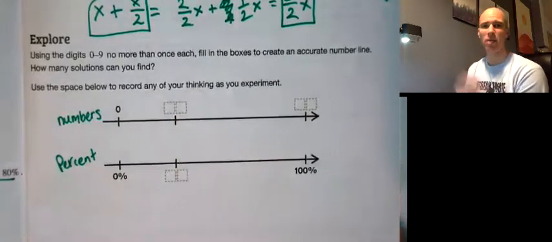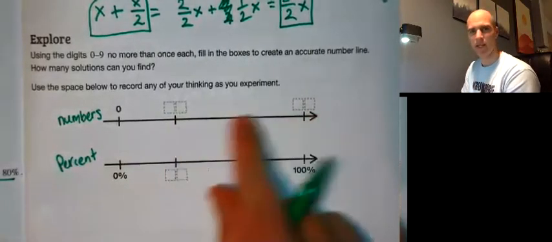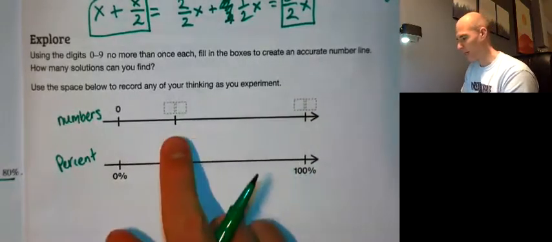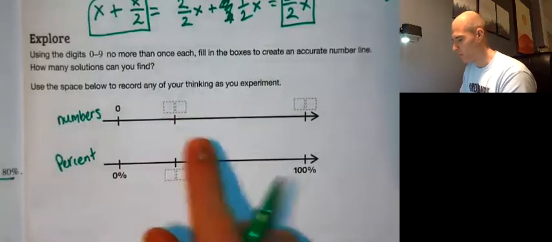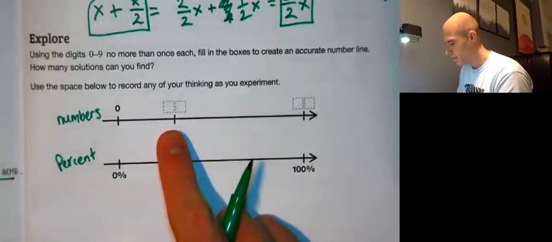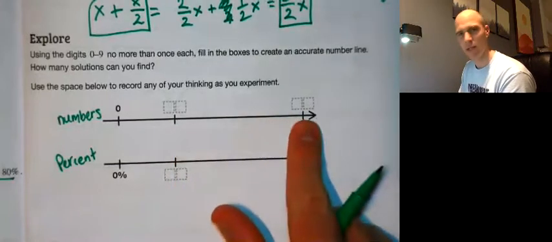And they said they wanted an accurate number line. So I think that means we're supposed to pick numbers that make sense for how the number line looks. This value here seems to be maybe a third or so of the way to the full amount here.